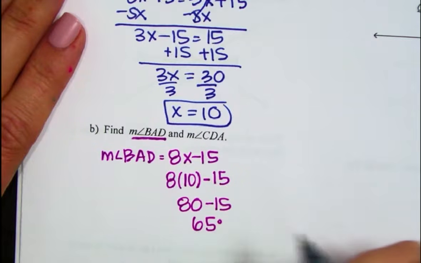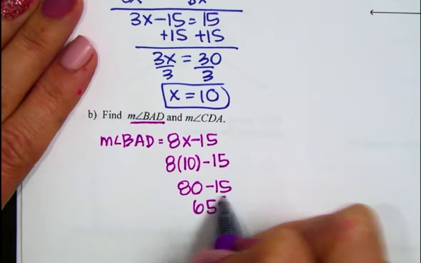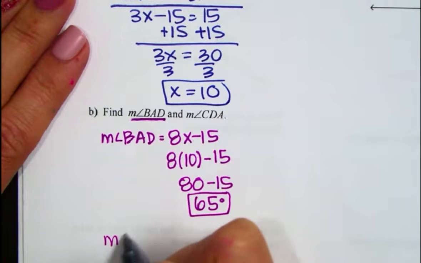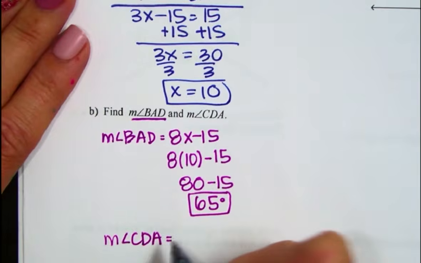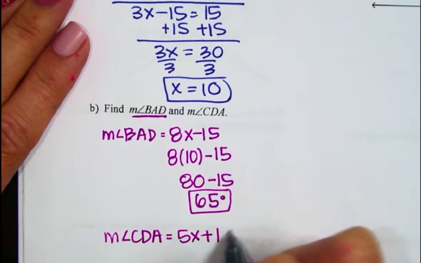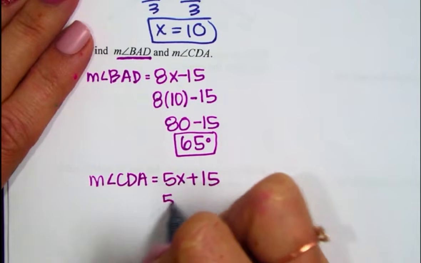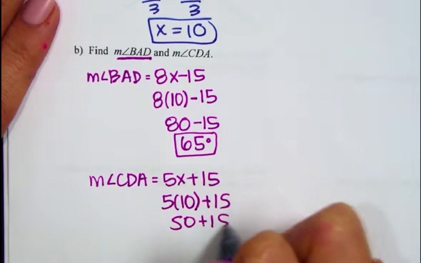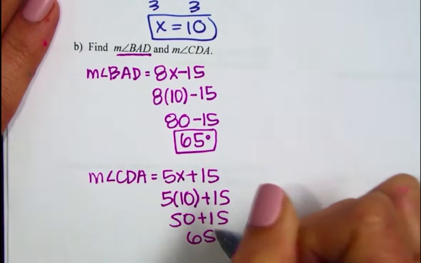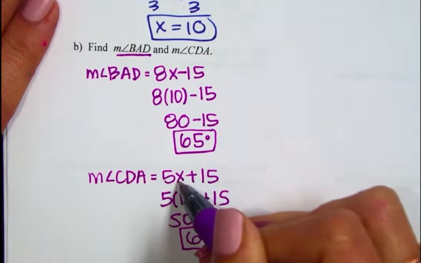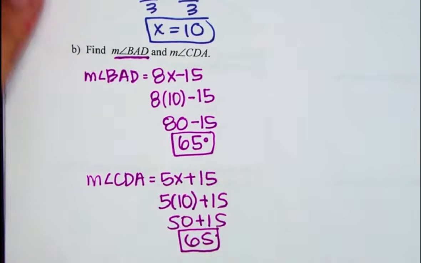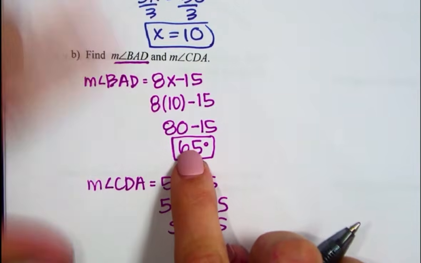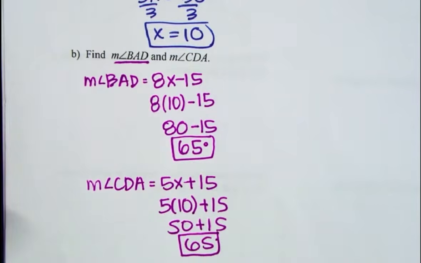So the measure of angle BAD is 65 degrees, and the measure of CDA, the angle measure from above, is 5x plus 15. So if we plug in x is 10, which again we got from part A, 50 plus 15 is 65 degrees. We really did not even need to plug in x right here for CDA because we know these angles are congruent. So really, if we knew this was 65, then this one was 65.